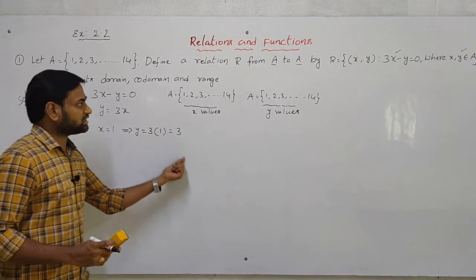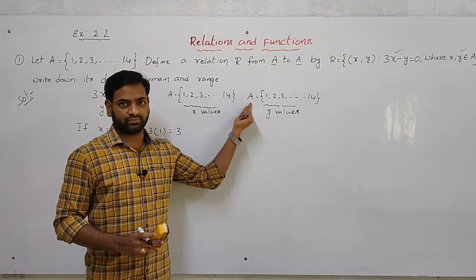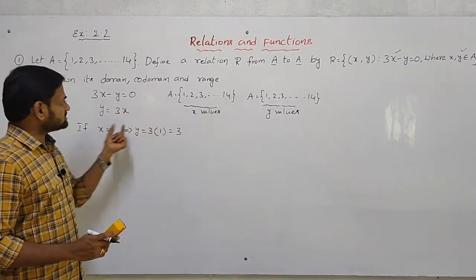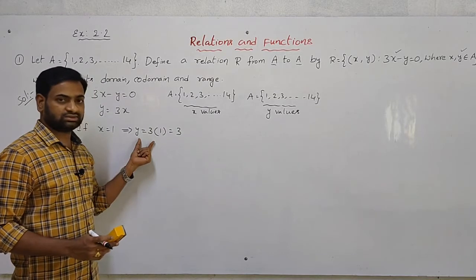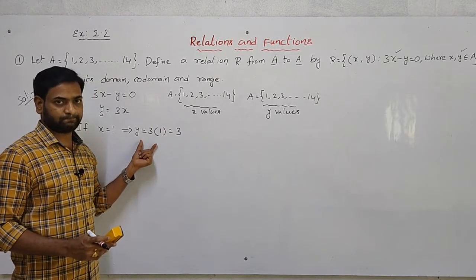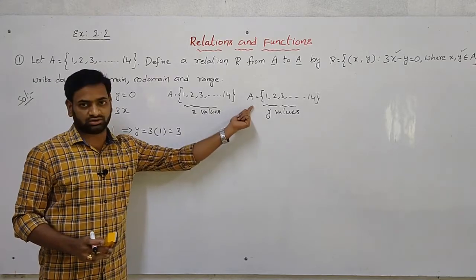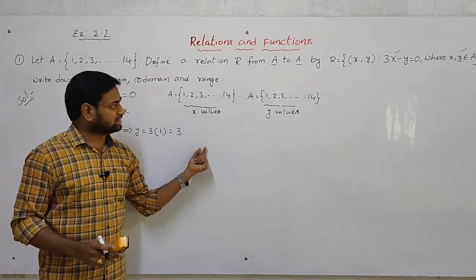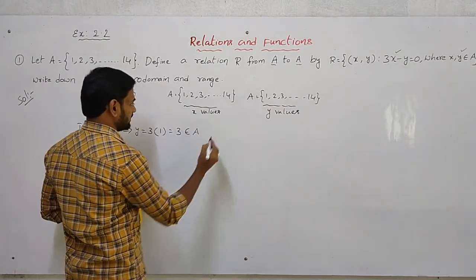Is this 3 in A or not? We have to check. Here x equal to 1 is in A, yes, correct. And the result, y value 3, is in A or not? Yes, 3 is in A. So 3 belongs to capital A.